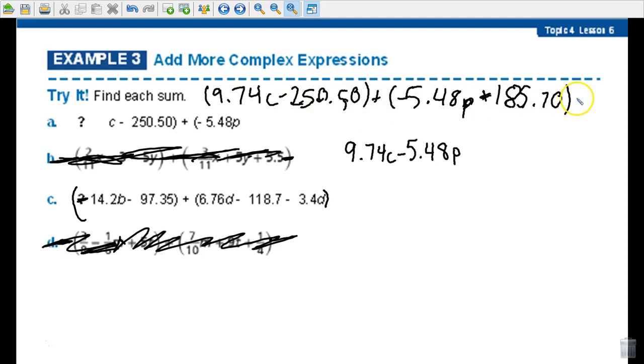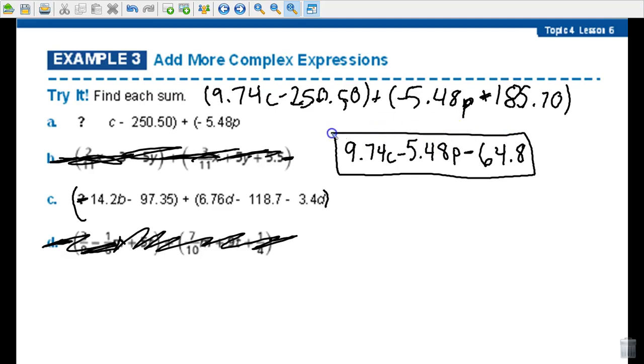Okay? You should get 64.8. And you keep the sign of the bigger number, and 250 is bigger than 185. So this will be a minus 64.8. All right? C to the first power, P to the first power, constant. I cannot combine like terms anymore. I am done. That is my final answer.